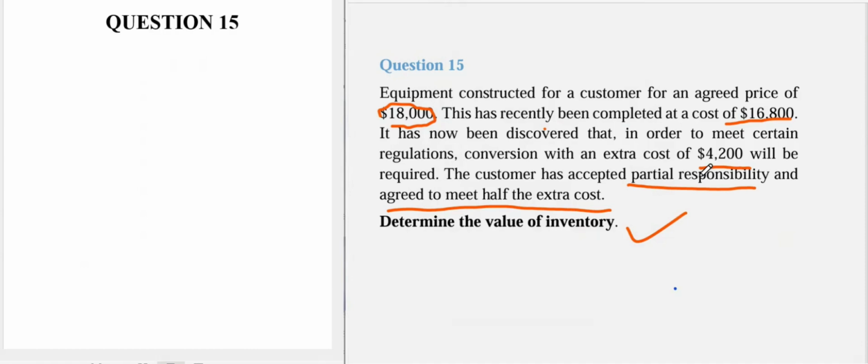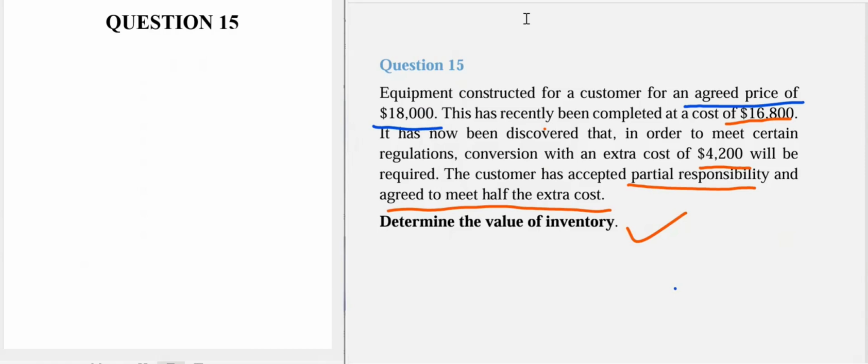So it says equipment constructed for a customer at an agreed price. So this $18,000 here is the price, I mean the selling price, right? That is sales proceeds. So okay, let's continue.